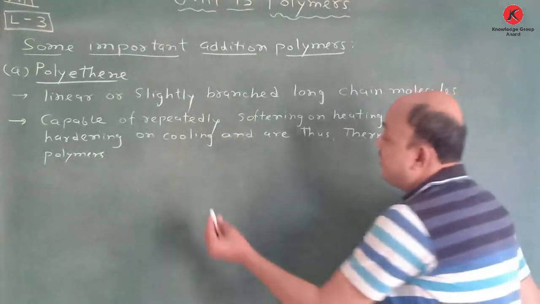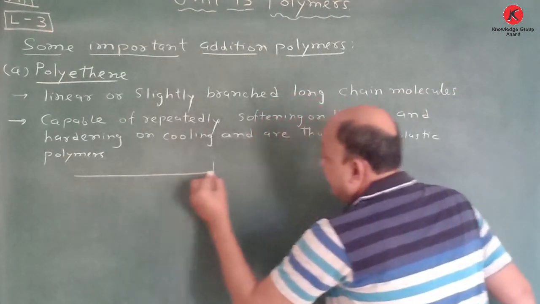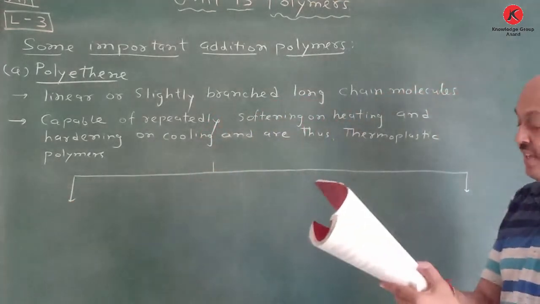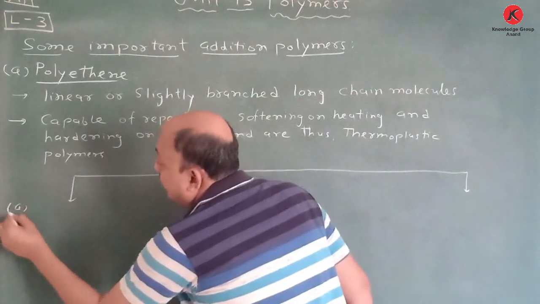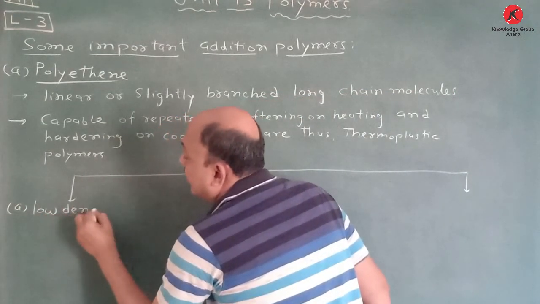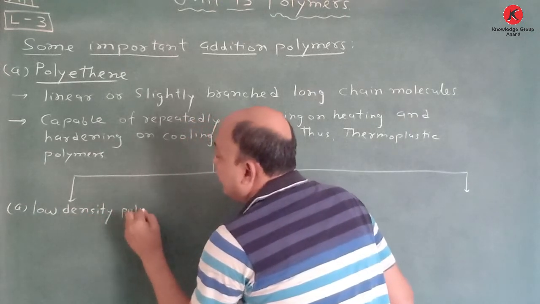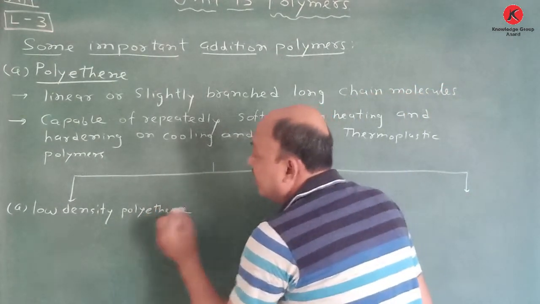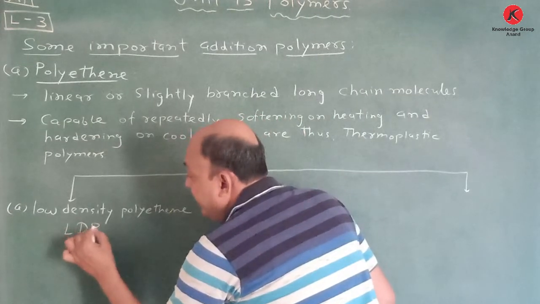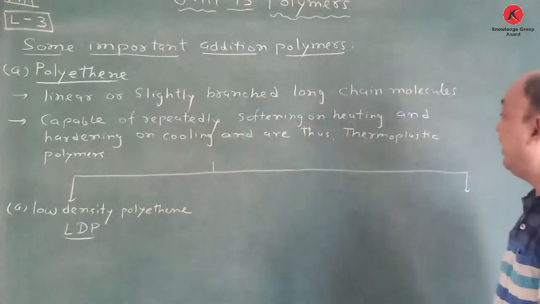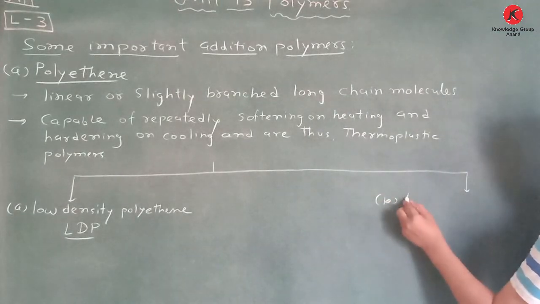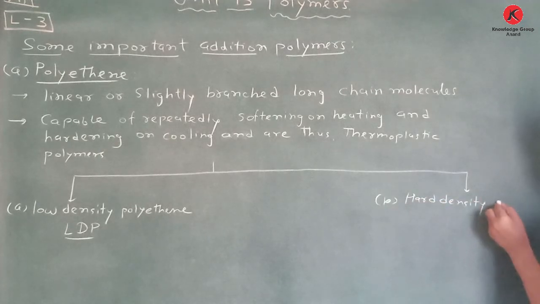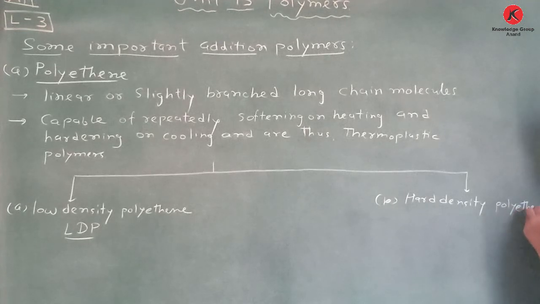Thus, they are of two types. First is low density polyethylene, which is called LDPE, and another is high density polyethylene, called HDPE.